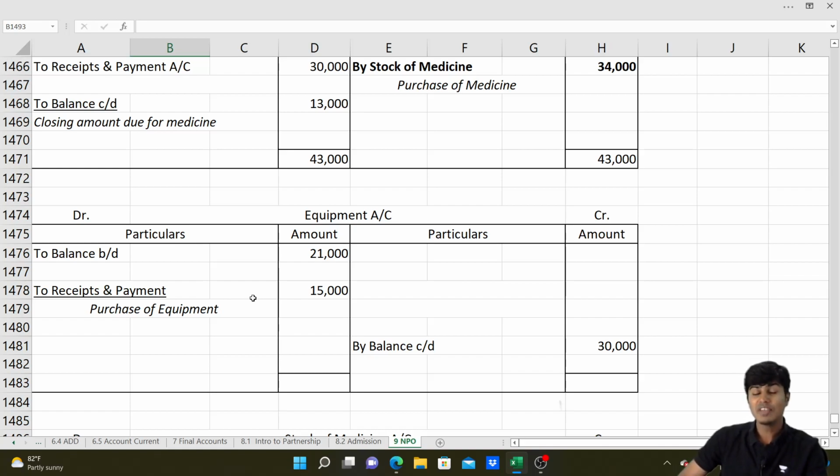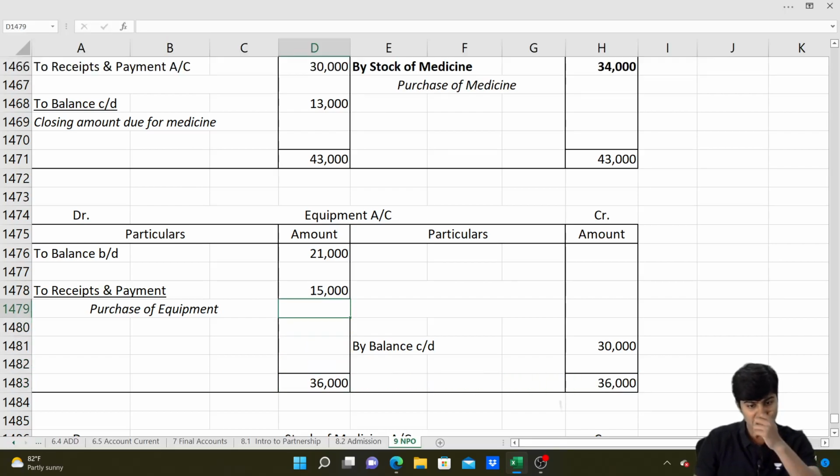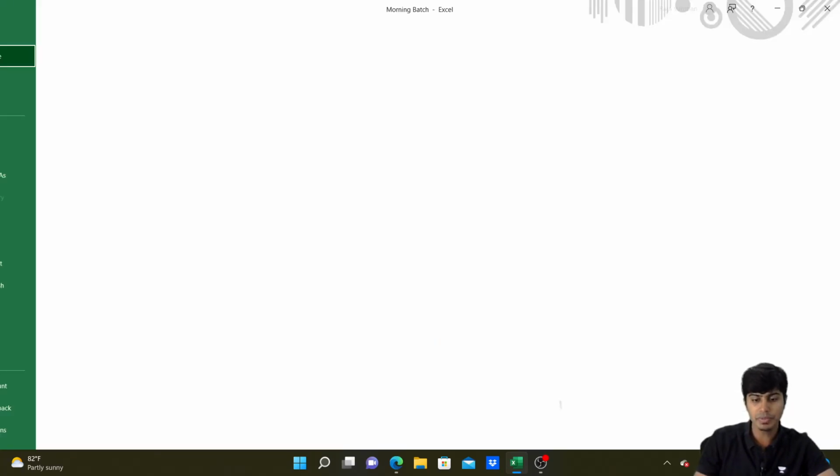Is it sold? If it was sold, there would have been money received and it would have come in receipts and payments. So the difference of 6,000, that is 36,000 minus 30,000, the difference is basically depreciation.